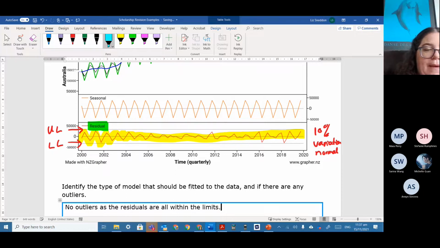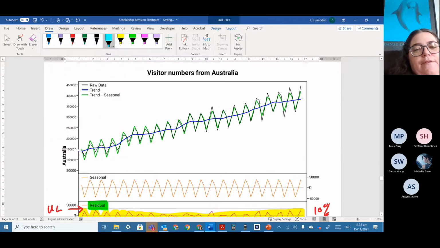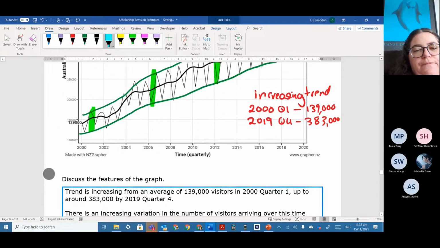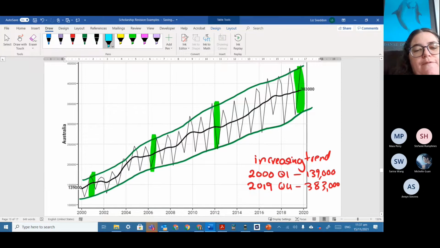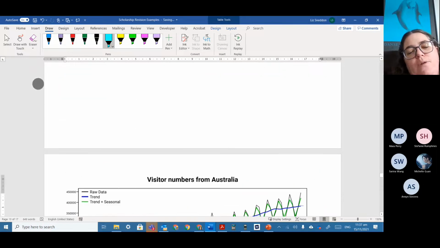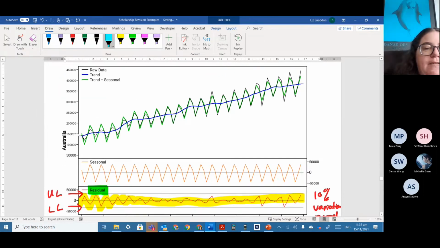Okay, but the other part of this, identify the type of model that should be fitted to the data. And this is where what we just looked at with the variation, that's where that becomes important. So if we have an increasing variation, as soon as I have that fan or funnel effect going on, then what our normal is, and this is why we have this recomposition graph, is it normally splits it into a trend plus a seasonal model. So this is what we call our additive model.